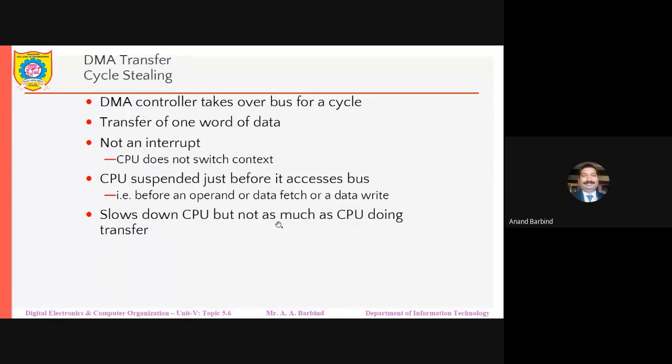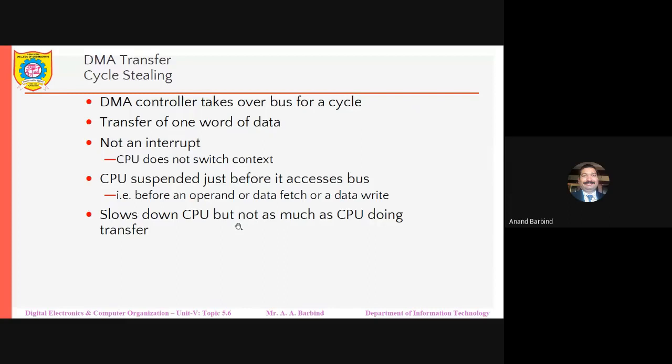So the DMA controller takes over the bus for a cycle, then the transfer of one word of data happens, and the CPU does not switch context in this case. The CPU is suspended just for it to access, so the CPU slows down because of this.